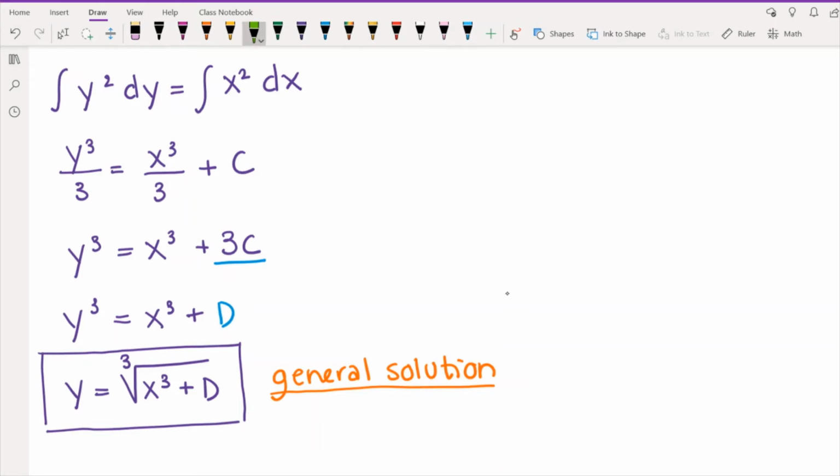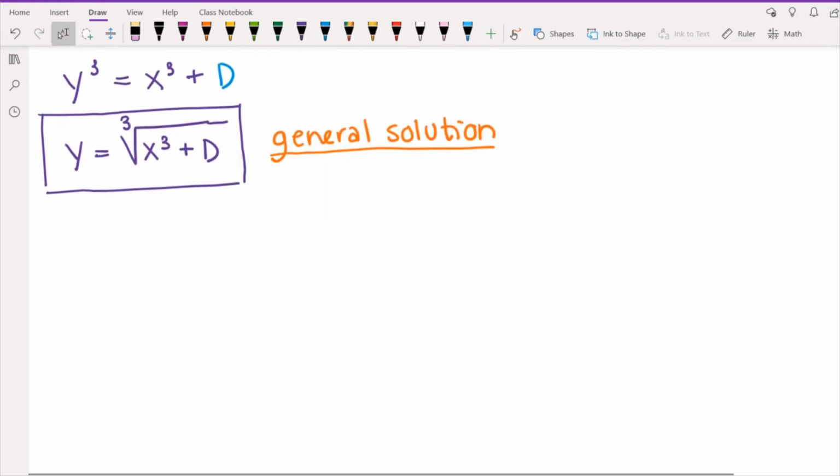So when you do your integration step, right here, when you write down your antiderivative, that's where the plus c has to first appear. And then if you keep going through the steps of the algebra, maybe you'll end up renaming it something else, but the constant is going to end up somewhere inside of your function. It's generally not just going to be hanging out on the end. I've seen a few students make a mistake where they think they can not write the plus c and then just write it at the very end. And that's just not going to work because you need to know exactly where that plus c is going to be embedded within your function.